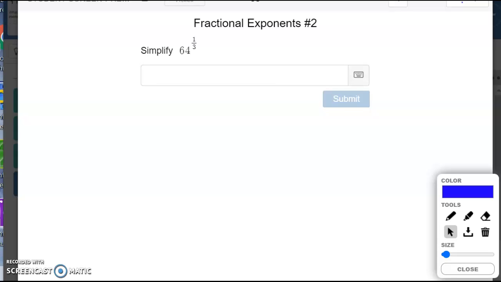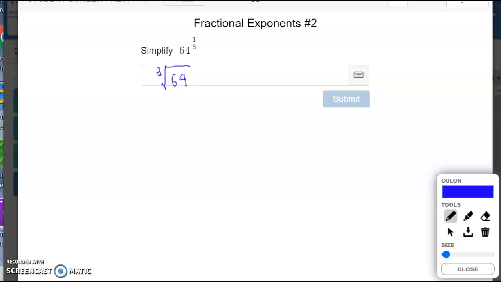Alright, what about this? 64 to the power of 1/3. That means this is the same as the third root of 64. Notice when I write third root, I write it as a little 3 on top of the square root sign.